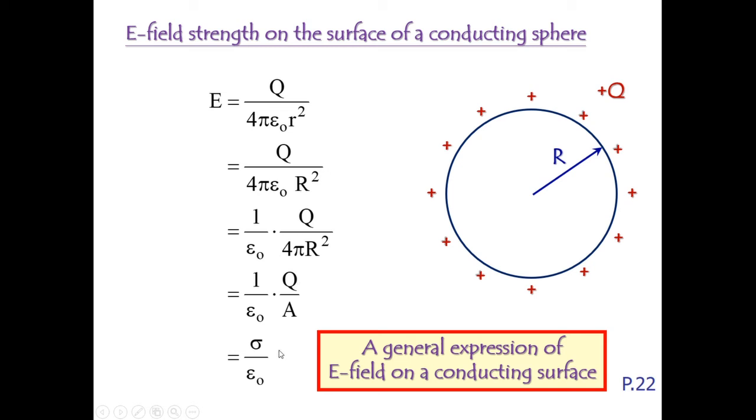Notice that this expression is derived from a conducting sphere, but actually it is a general expression of the electric field on a conducting surface, no matter what the shape or the dimension of the conductor. This expression can be used to find out the electric field strength on the conducting surface.